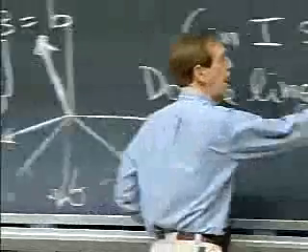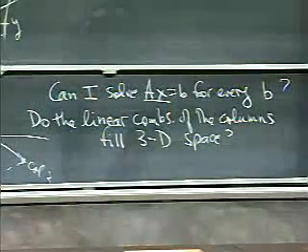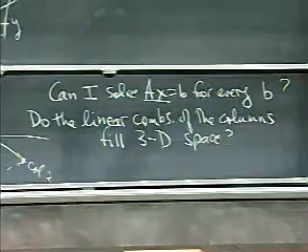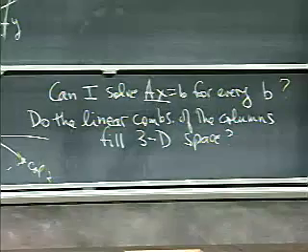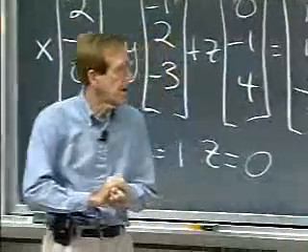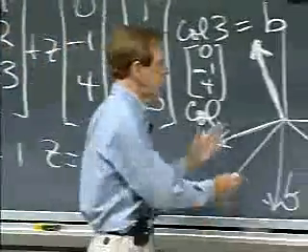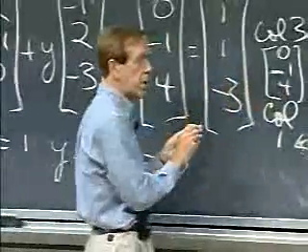Solving AX, that's very important. A times X, when I multiply a matrix by a vector, I get a combination of the columns. I'll write that down in a moment. In my column picture, that's really what I'm doing.